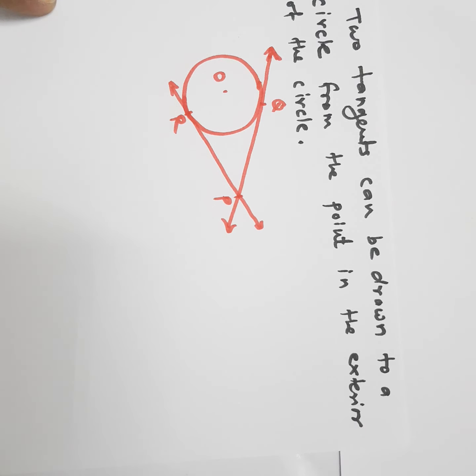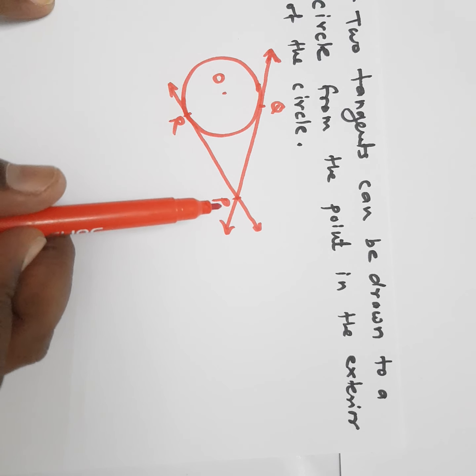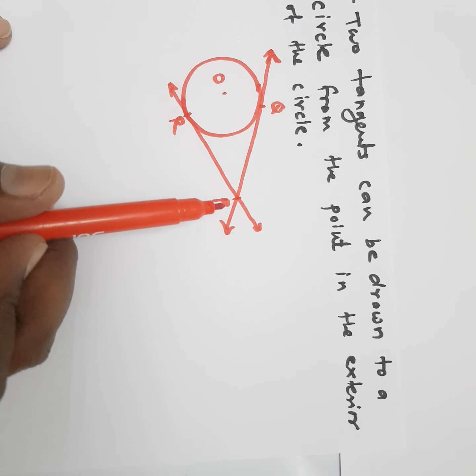And fourth, two tangents can be drawn to a circle from a point in the exterior of the circle. If any point is in the exterior of the circle, then we can draw two tangents through that point to the circle. Now we will see how two tangents can be drawn from a point exterior to the circle. See here in the figure, point P is in the exterior of the circle.